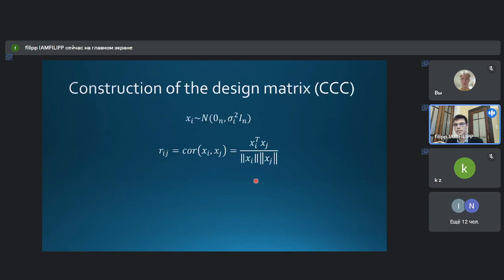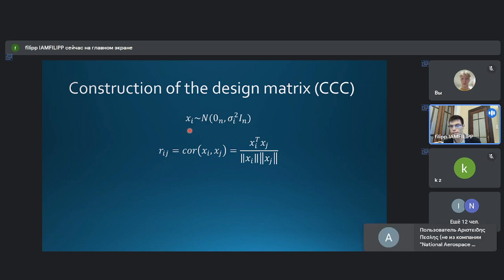Now, the next step is to construct the design matrix. Our first method would be the column correlated covariates, also known as CCC. We let Hi be the ith column of the design matrix, and we will have two variables. The first one is R and the second one is sigma.